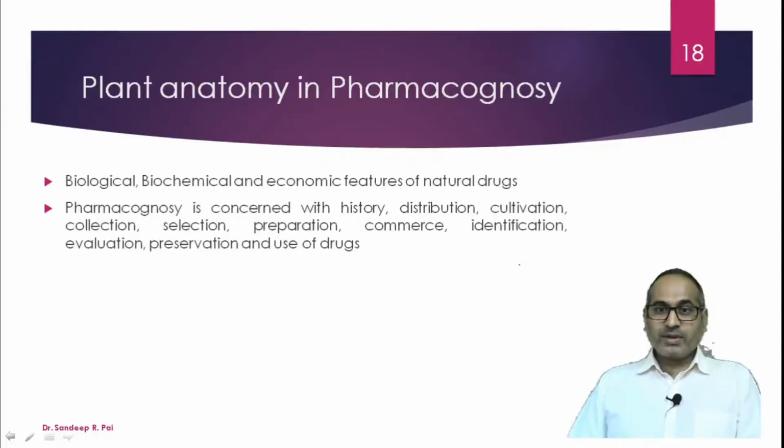Pharmacognosy is concerned with history, so you will see the history of the plant, where it is occurring, from where it has originated, its distribution, where it occurs and how it is distributed, cultivation, how you can cultivate it, collection, what is the right time to collect the plant, selection, whether the plant material is selected properly or not, preparation, if you are supposed to prepare a drug, how you prepare it, its commerce, how you sell it, right?